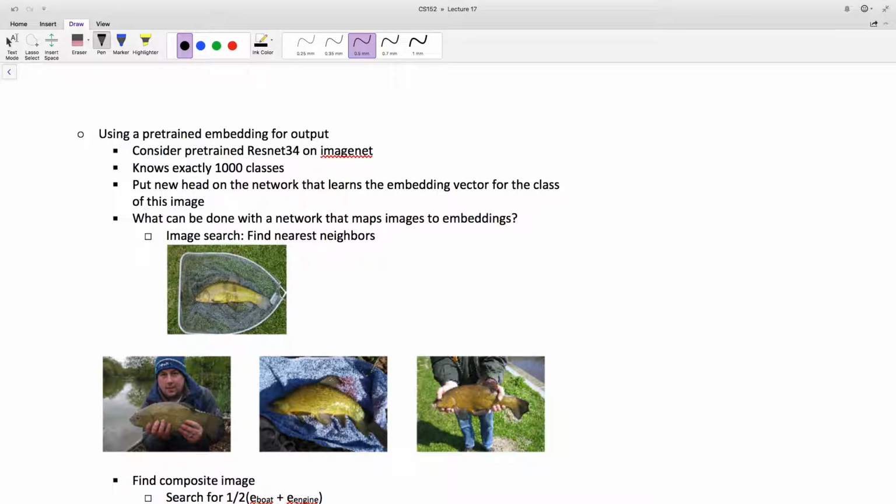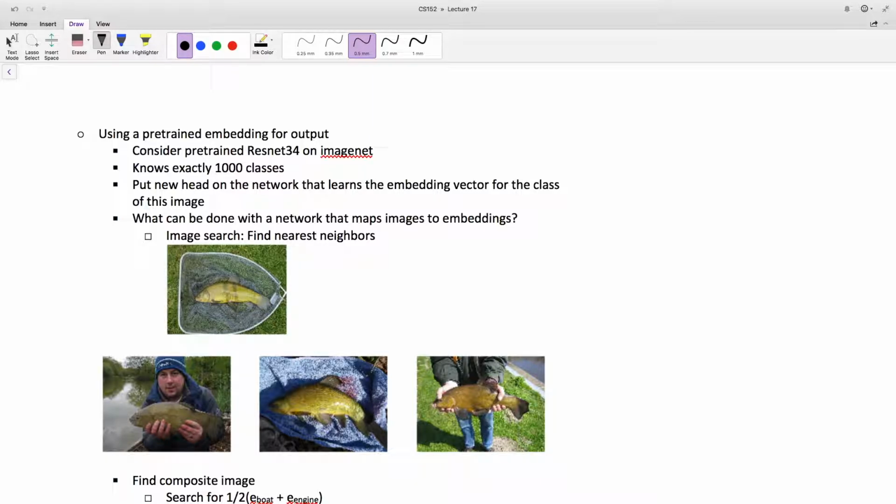Well, let's slightly modify the problem. We'll keep almost the same architecture. What we'll do is get rid of the softmax and instead come out with, let's say, a fully connected layer of size 300.